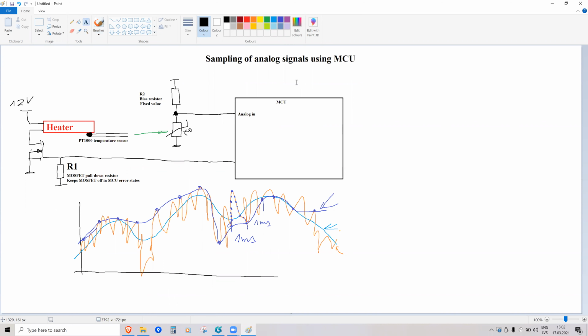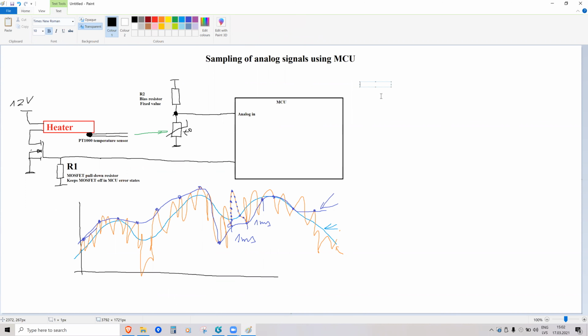is there is this rule, which you probably know from the subject called signal theory, which is the Nyquist rule and Nyquist frequency. So the question is, how quickly should we sample the signal so that we don't lose any information? How quickly should we sample so that we have 100% of the signal correctly sampled?